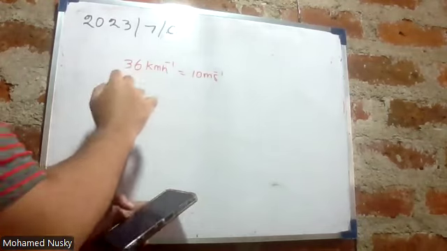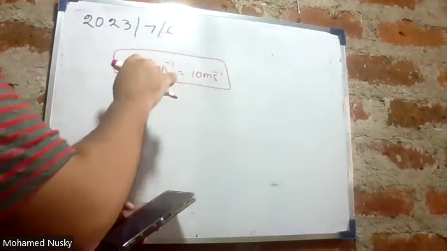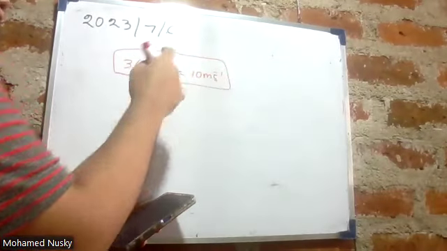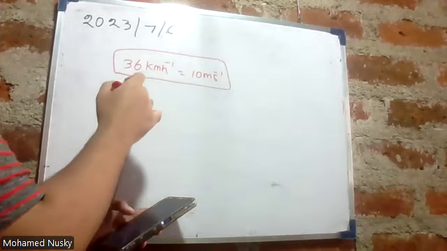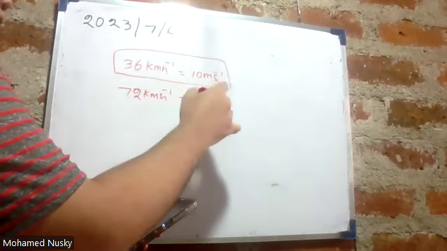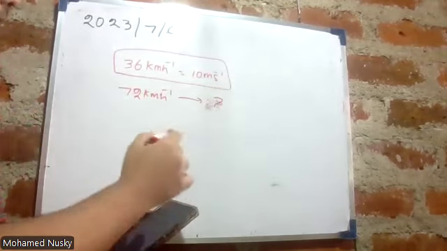If you remember this, you can convert units from kilometer per hour to meter per second. Now, let's take, if they have given 72 kilometers per hour, and if they ask to find that in meter per second minus 1, how are you going to do?